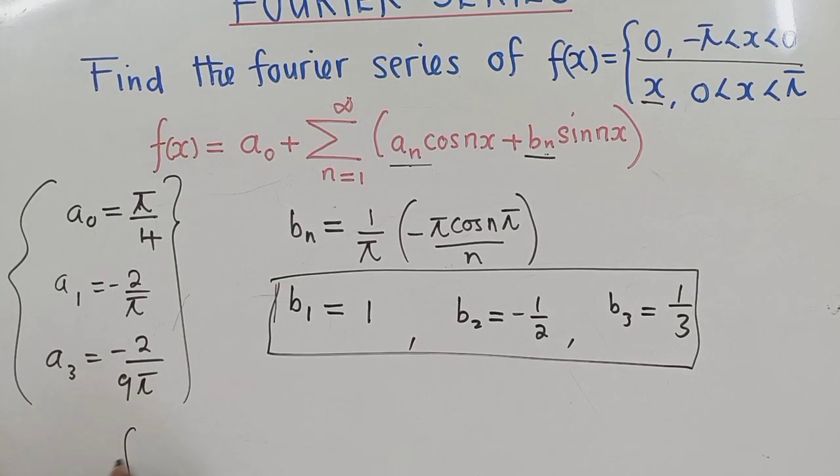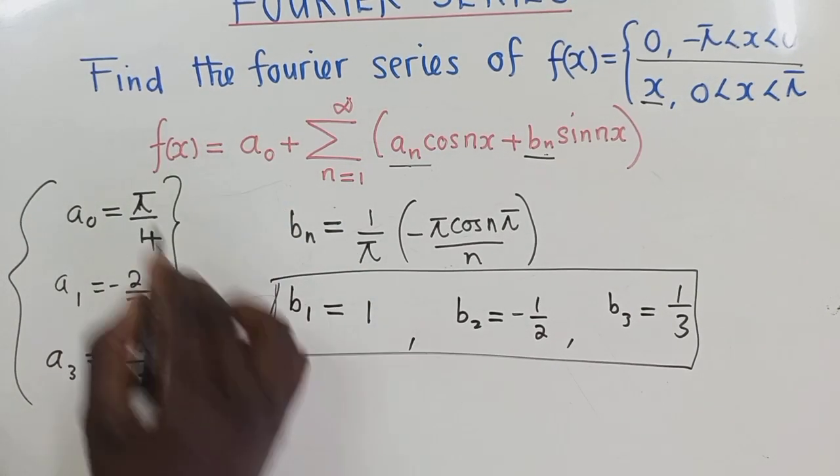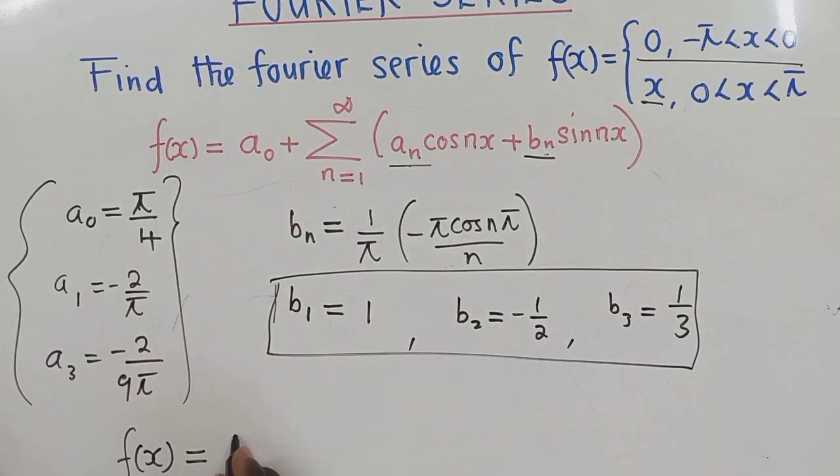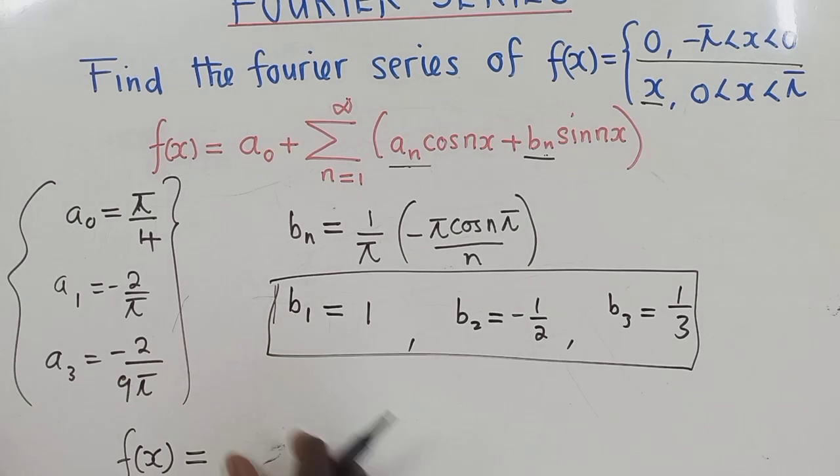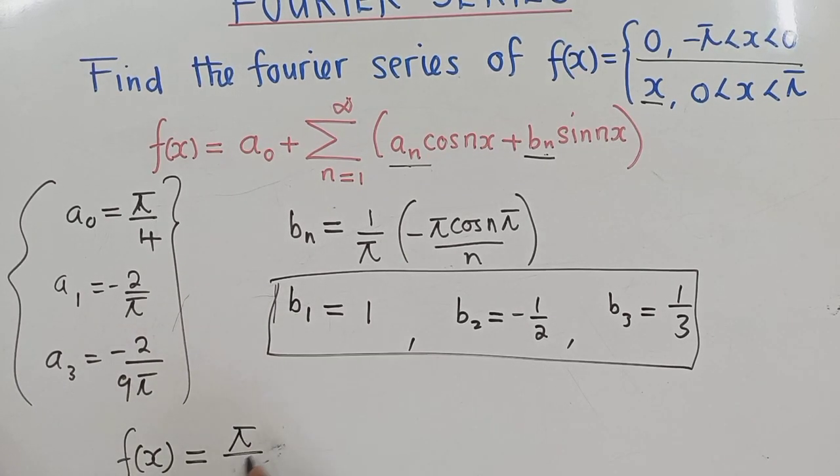So the formula looks like this. f of x will be equal to our A0, we found it to be pi over 4, plus, we open brackets.